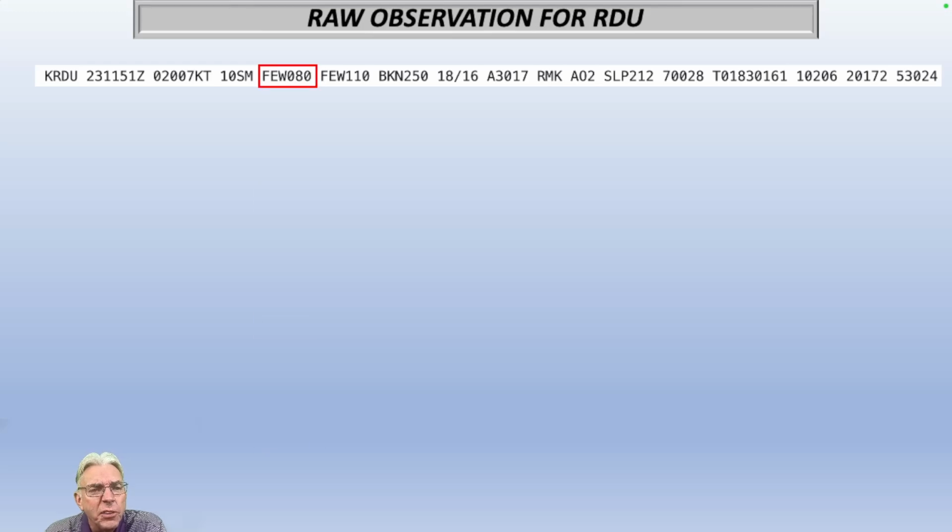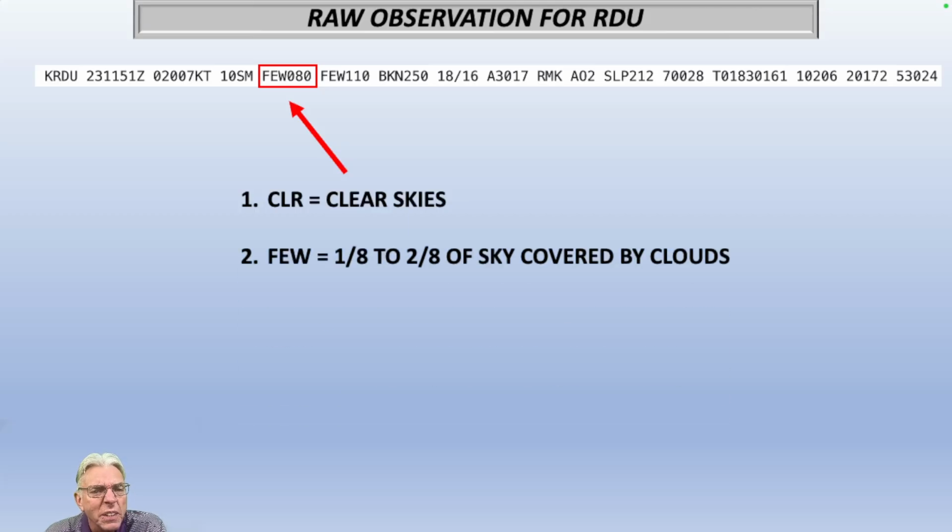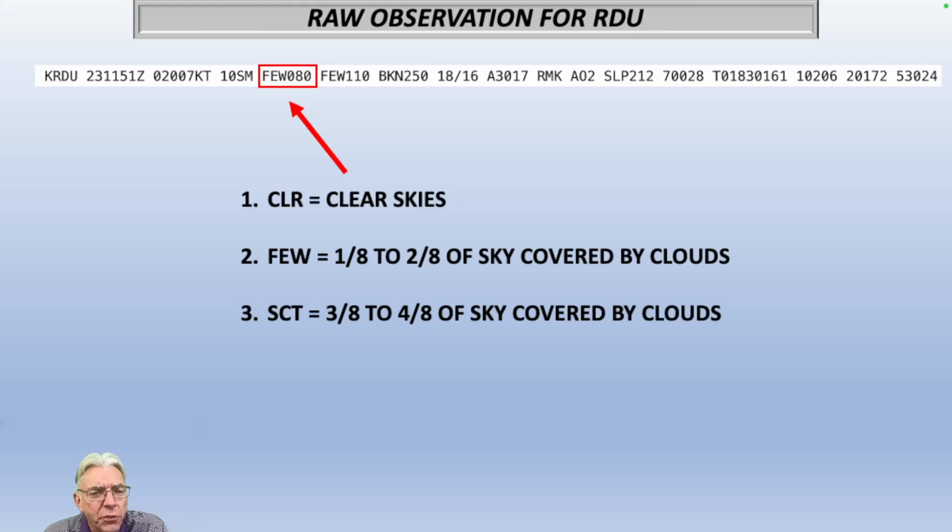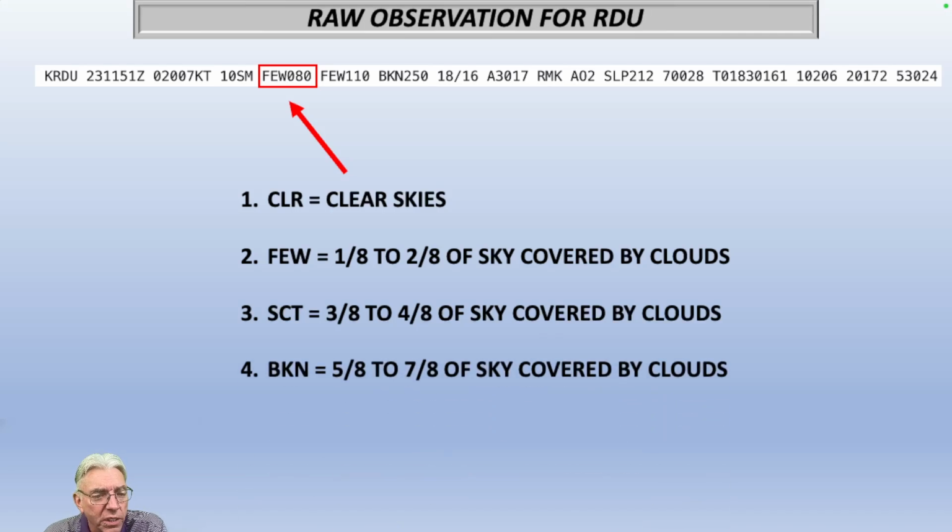Then you have FEW080. There are 5 classifications for sky cover. Clear is there's no clouds anywhere. FEW, which is what you see here, means that 1/8 to 2/8 of the sky is covered by clouds. You're dividing the sky up into octants, if you will. Scattered would be 3/8 to 4/8 of the sky covered by clouds. Broken, 5/8 to 7/8. And then OVC stands for overcast.